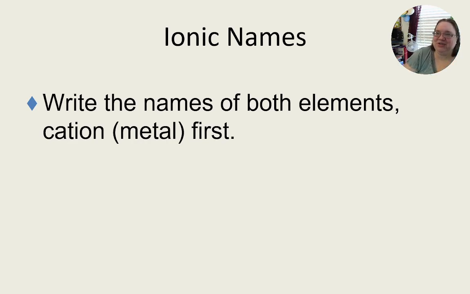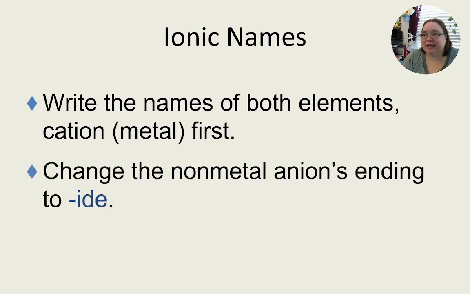The first thing you've got to do is just look at the names of the elements. Your metal is always written first. That is our general rule. The most metallic element is written first. That works with both ionic and covalent. Most metallic elements are the elements on the left side of the periodic table. So my metal is written first. It keeps its name. The non-metal is written second, and its ending changes to IDE.